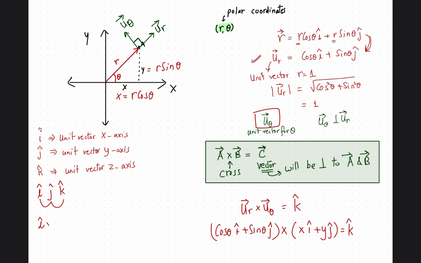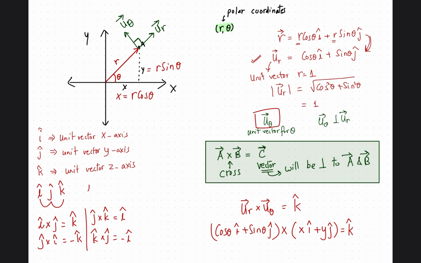So if I do i cross j, I will get k. If I do j cross i, I will get negative k. So if I change the order of the vectors, I will get a negative answer. If I do j cross k, I have to follow the order, I will get i. But if I do k cross j, I'll get negative i.